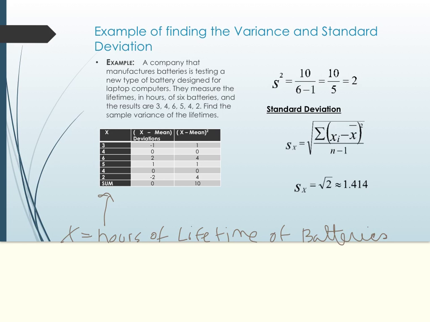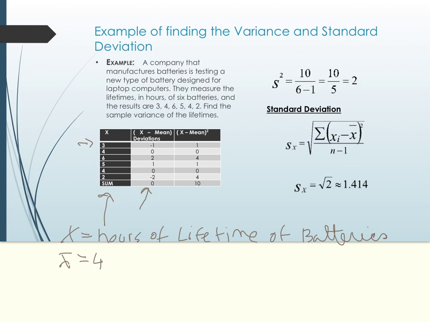Okay, and so we can now add those up, get an average, and then we can calculate what we call a deviation for each value. So for the value of 3, it has a -1 deviation from the mean. For the value of 4, well, guess what? 4 was my average, right? So x bar is equal to 4 in this case.